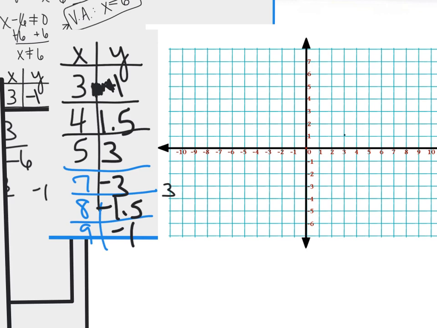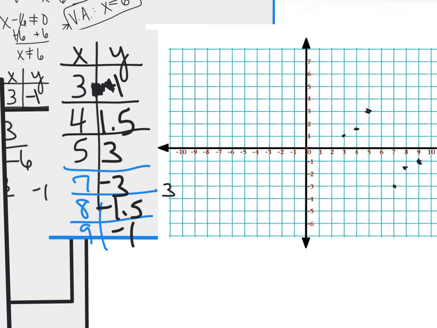Okay, so 3, 1, 4, 1.5, and 5, 3. We had 7, negative 3, 8, negative 1.5, and 9, negative 1.